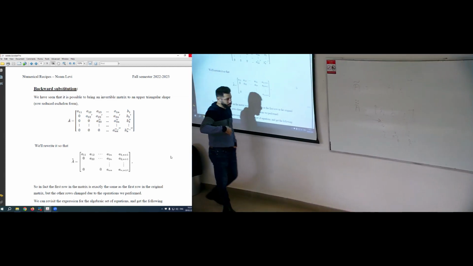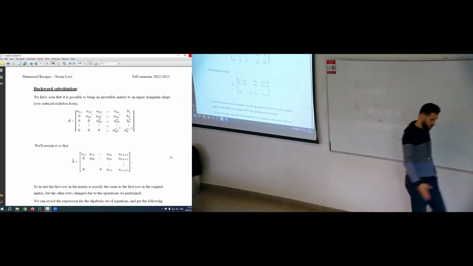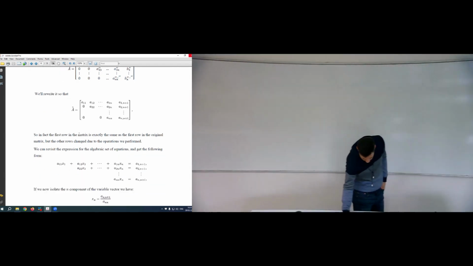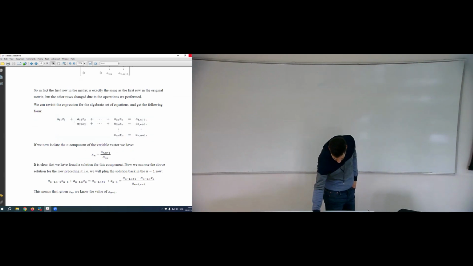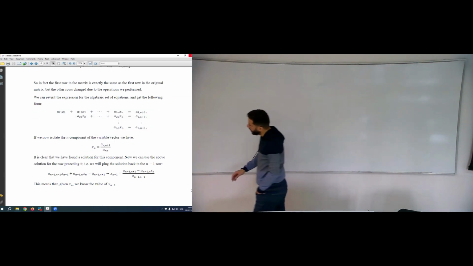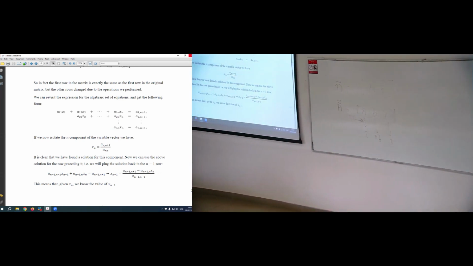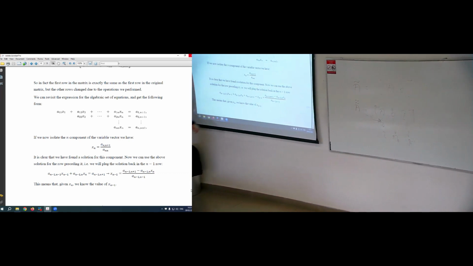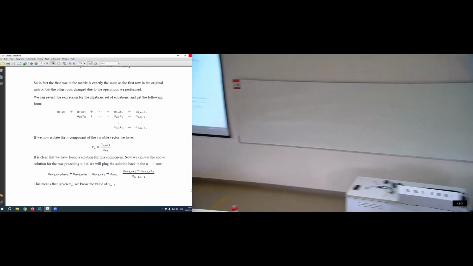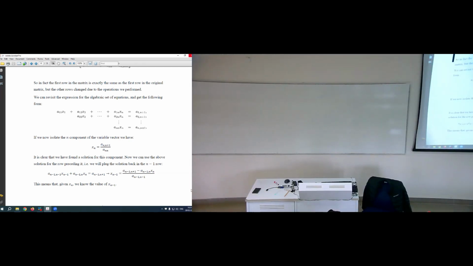And after that, what does x_{n-1} equal? So these are the equations. x_{n-1} is multiplied by the diagonal term a_{n-1,n-1}, plus the terms to the right of it, because to the left of it the coefficients are 0. So we have only the terms to the right, which are the variables we have already found.